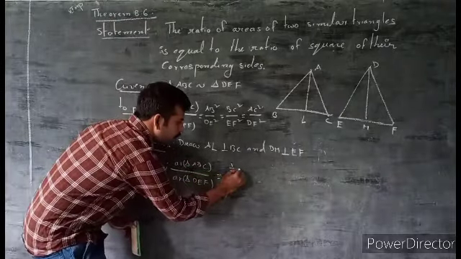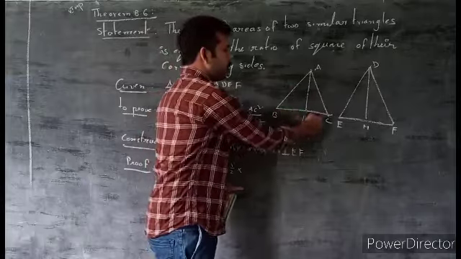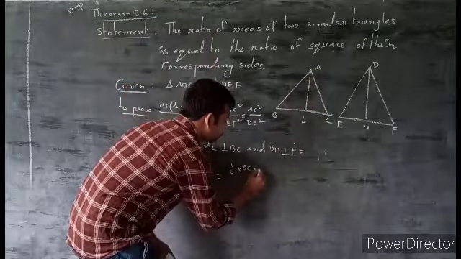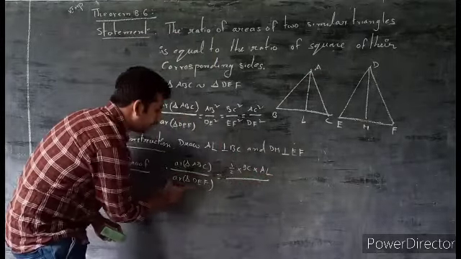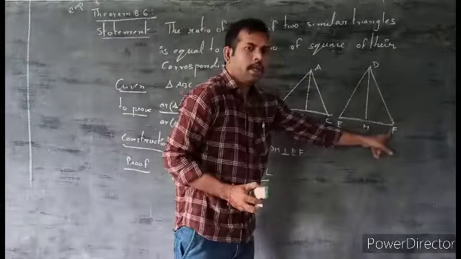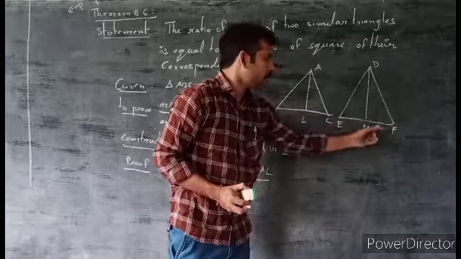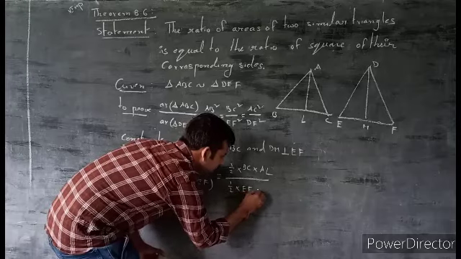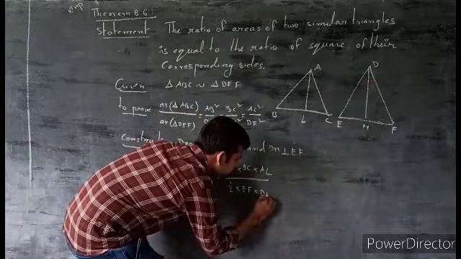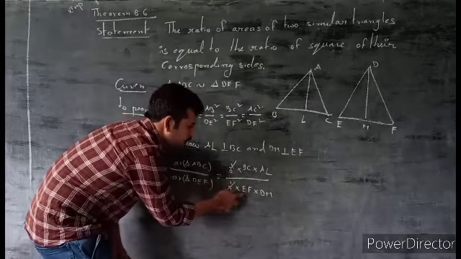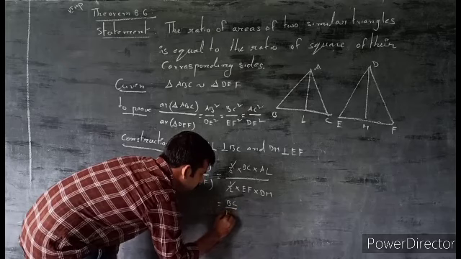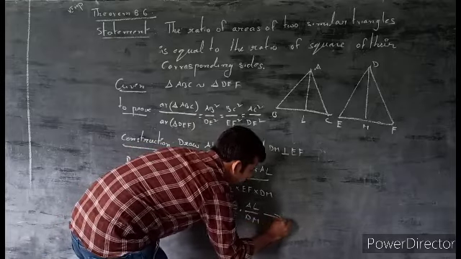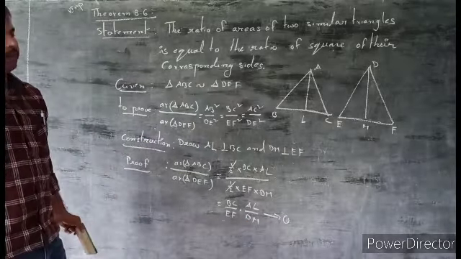For triangle ABC, half into base BC into height AL, by the area of triangle DEF, half into base EF into height DM. The halves cancel, so it is BC by EF into AL by DM. This is equation 1.